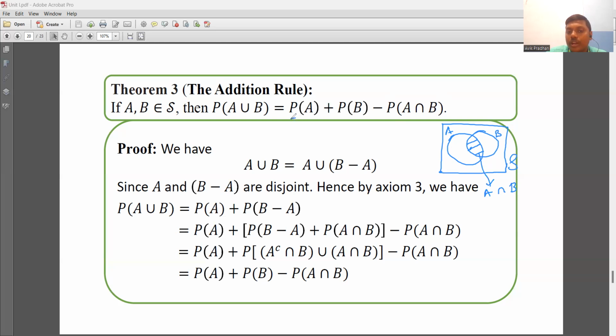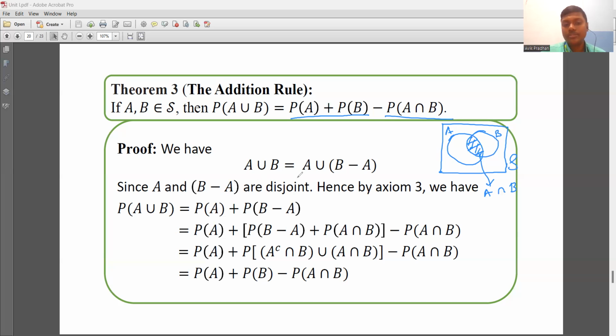Now if I look at the right hand side, the probability of A plus probability of B will cover all the portion covered by A and B together. But in this count, we are actually counting this common portion two times. While I'm calculating the probability for A, it is counted once. While I'm calculating the probability of B, it is counted another time. So two times it is counted. So that's why I have to subtract one time to make the balance. So I have to subtract the probability of A intersection B, because this portion is the A intersection B.